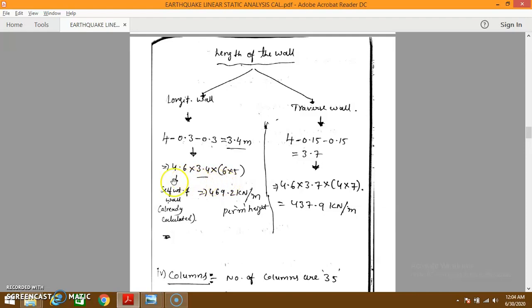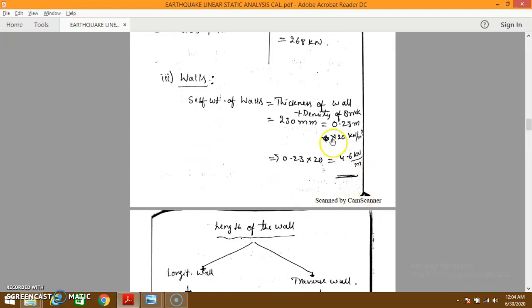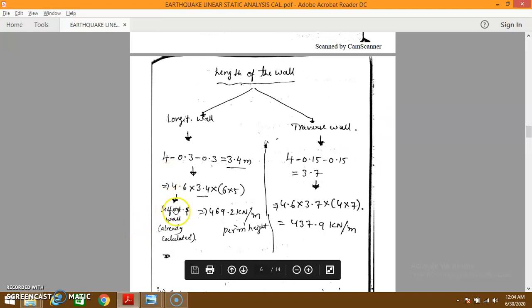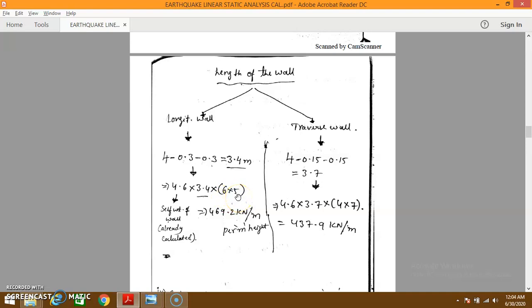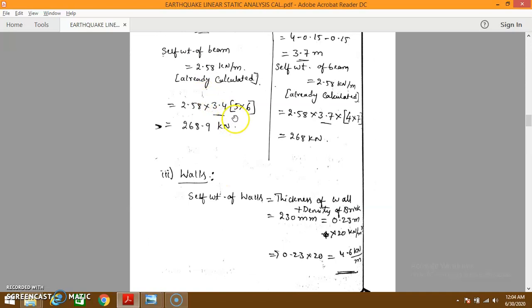Next, 3.4 meters into the self-weight of wall we already calculated, 4.6 kilonewton per meter. So 4.6 into 3.4 into the number of walls, the same as the 6 into 5 grid we already discussed.